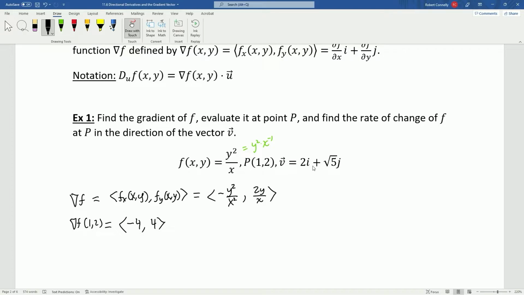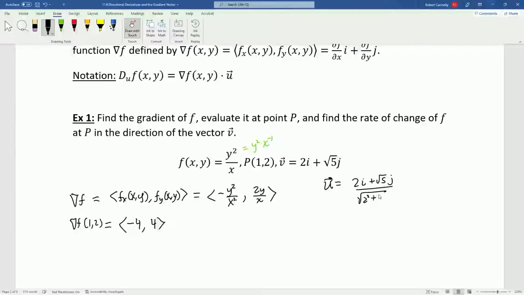Okay, now I have v here, but remember for the directional derivative, we don't want just any old vector. We specifically want the unit vector. So we need to find the unit vector here, but u is just the vector v divided by its magnitude.